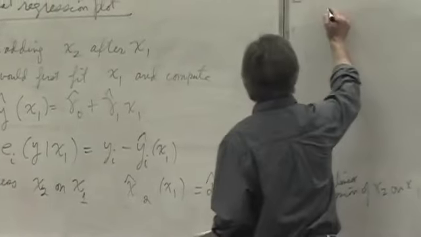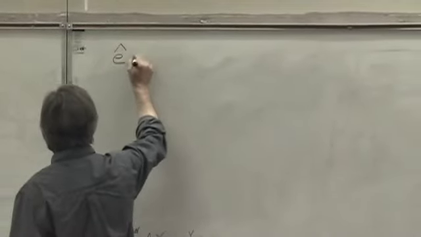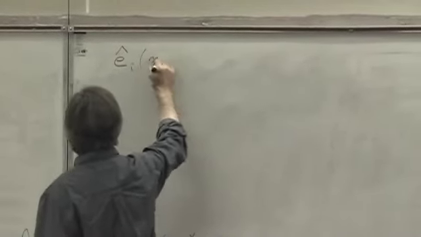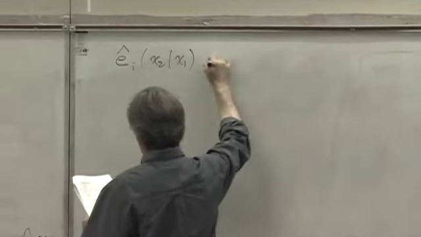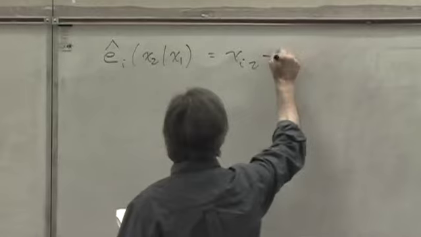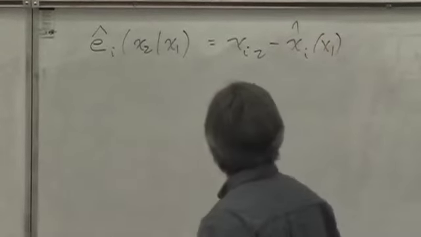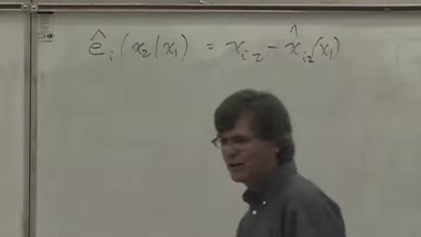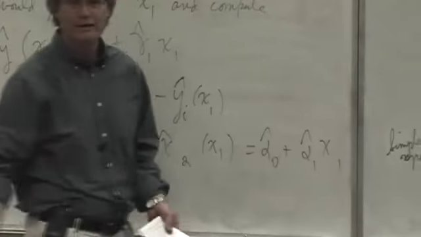And then I can calculate another residual, e hat sub i, x2 given x1, equals x_i2 minus x hat sub i of x1. So it's a lot of notation, but basically I just take the residuals from fitting x2 on x1.